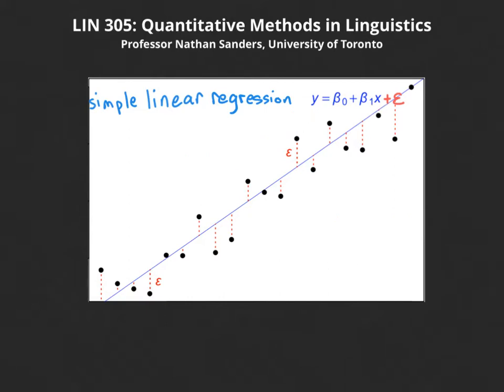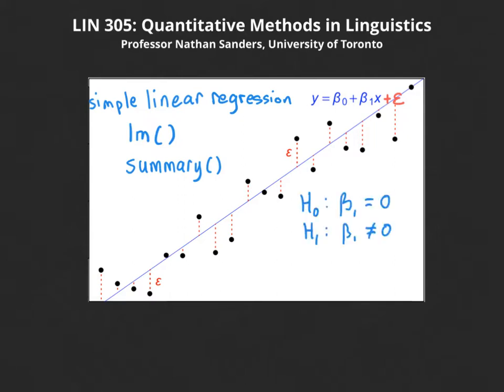In R, we can implement simple linear regression with a combination of two commands, lm and summary. And from this, we can calculate beta 0 and beta 1, as well as a p-value for a hypothesis test, testing to see whether the slope beta 1 is equal to 0.